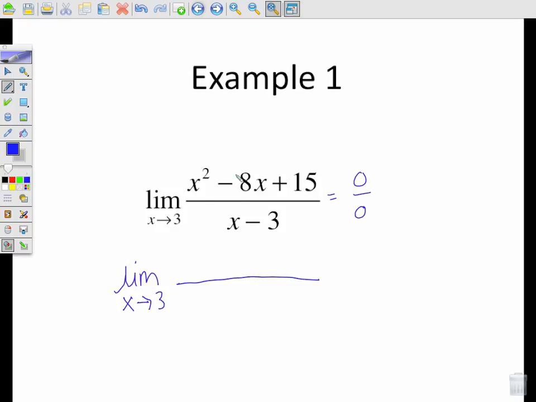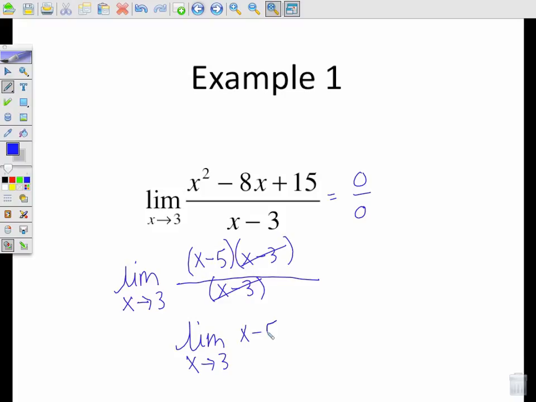I'm going to factor the top into 2 binomials, x minus 5 and x minus 3, and we still have it over x minus 3. This allows us to simplify, crossing out the x minus 3's. So we are taking the limit as x approaches 3 of x minus 5. My answer is 3 minus 5, you substitute, so the answer to the limit is negative 2.